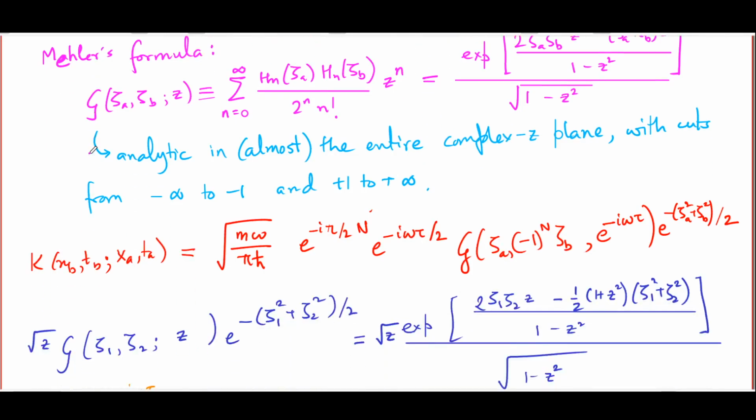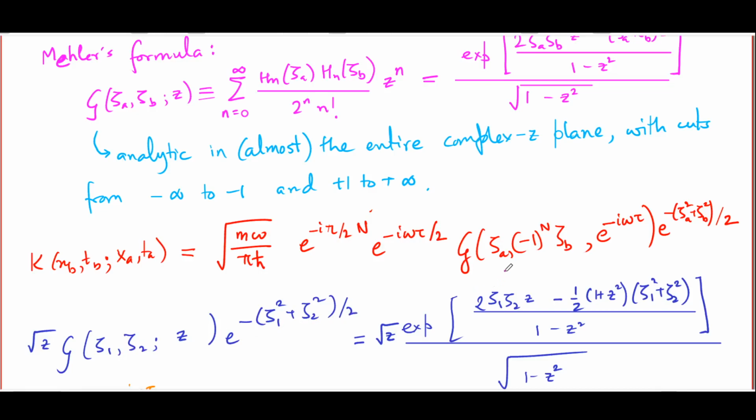Now let us focus on these tau dependent pieces here, as well as zeta a zeta b dependent pieces. If you look at this, this is square root of e to the minus i omega tau. I am just writing that as square root of z, curly G of zeta 1, zeta 2, semicolon z, e to the minus zeta 1 square plus zeta 2 square by 2.